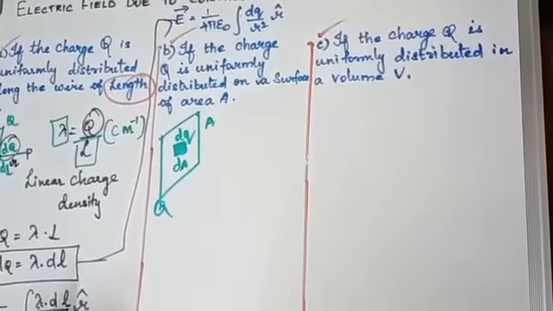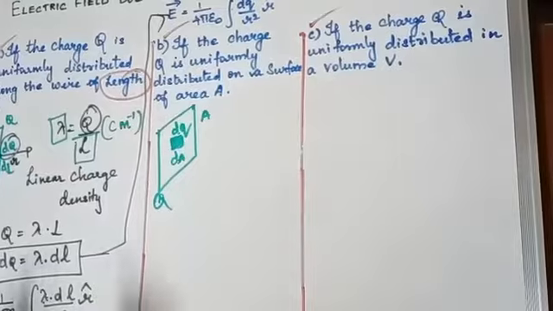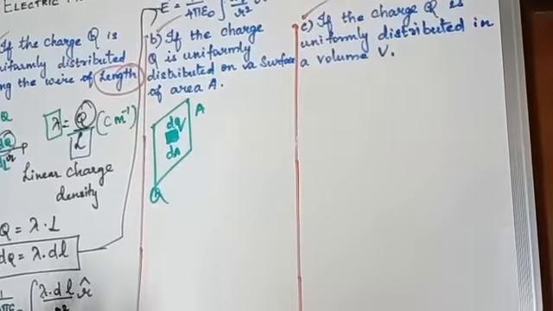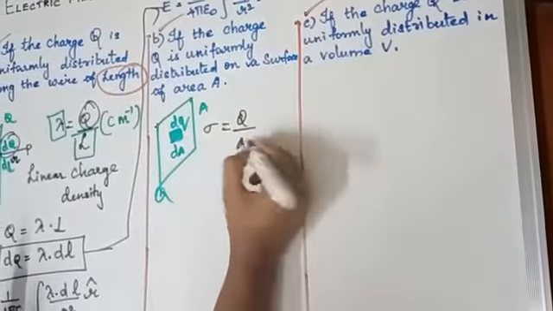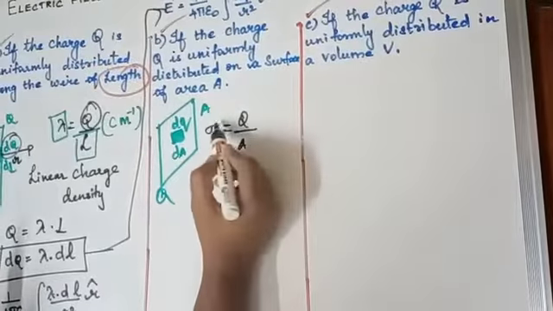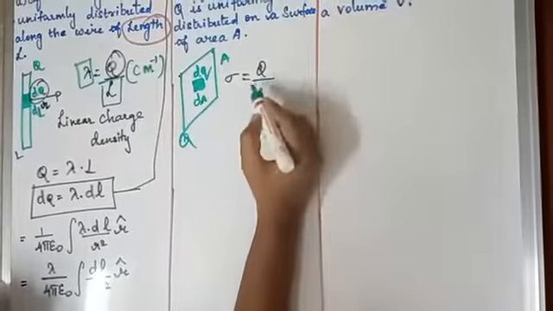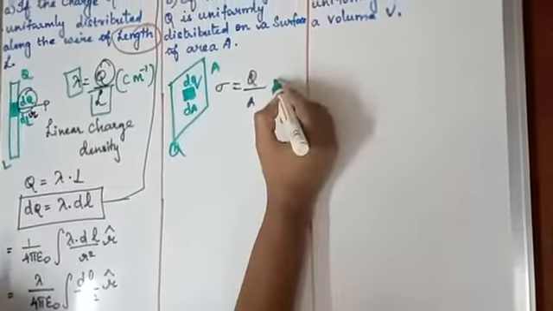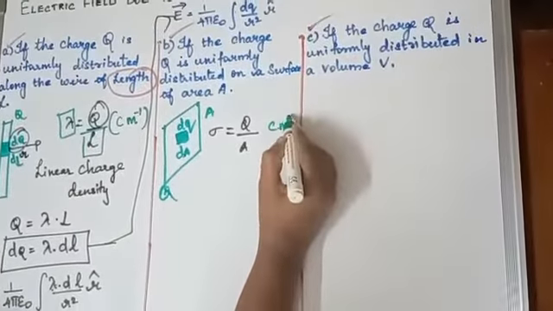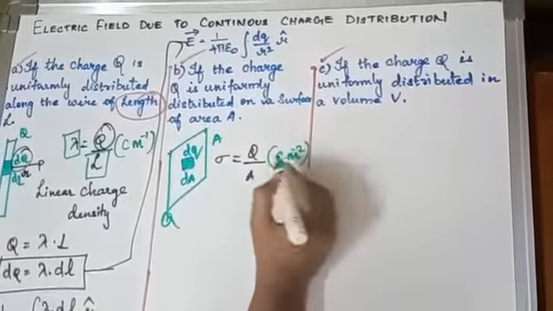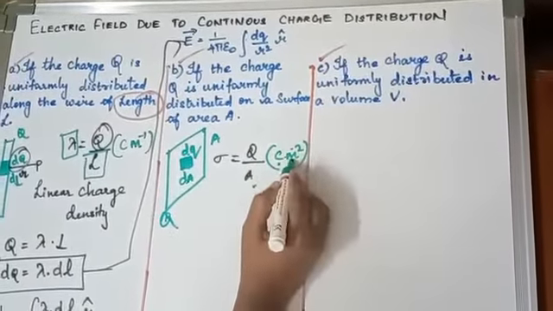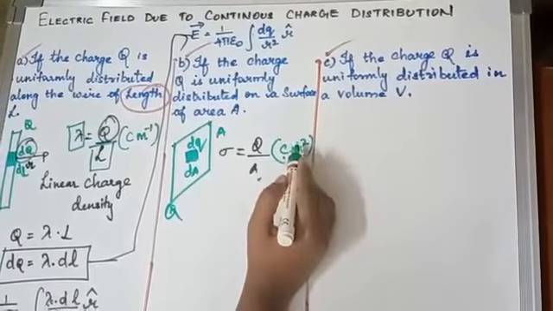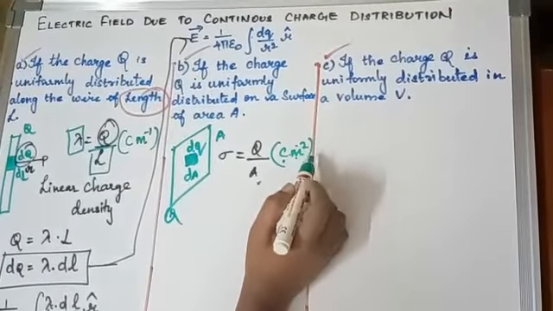The surface charge density sigma is equal to Q by A. The unit of surface charge density is coulomb per meter square, as the unit of charge is coulomb and the unit of area is meter square.